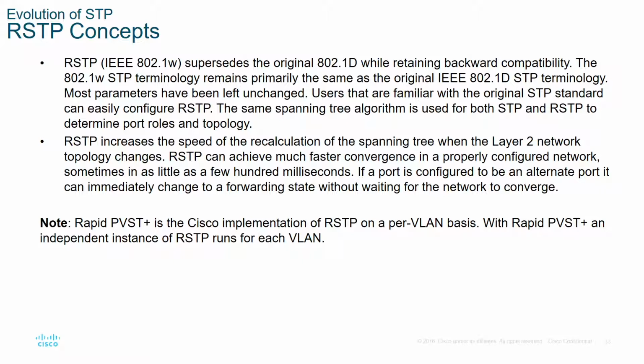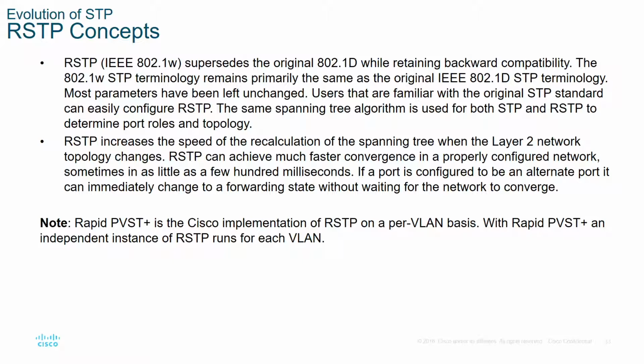The same spanning tree algorithm is used for both STP and Rapid Spanning Tree Protocol to determine port roles and topology. So RSTP increases the speed of the recalculation of the spanning tree when the layer 2 network topology changes. RSTP can actually achieve much faster convergence in a properly configured network, sometimes as little as a few hundred milliseconds.